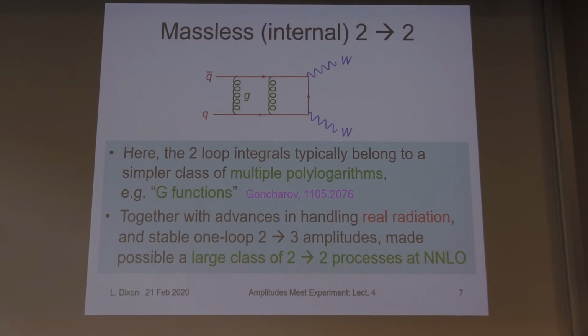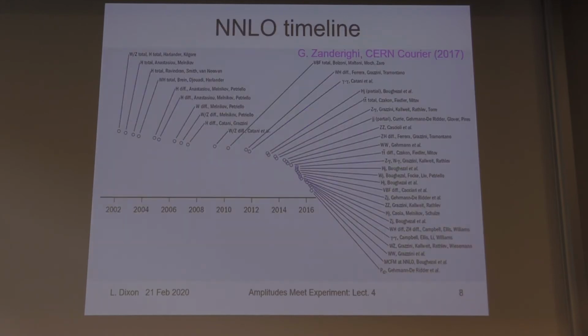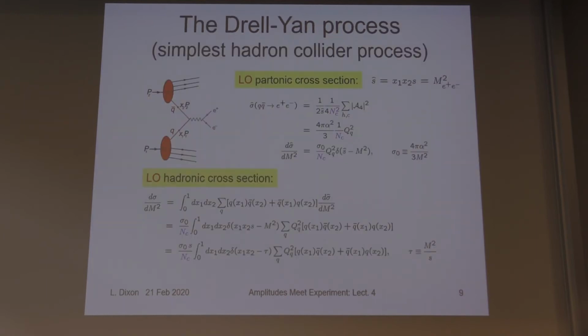The technology was there on the real side to handle real radiation in this case. But since then, things have slowed a bit more in the sense that 2 goes to 3 is in principle possible, but there's only been one 2 goes to 3 process so far done somewhat to completion. So that's sort of the status for NNLO up through 2 goes to 2.